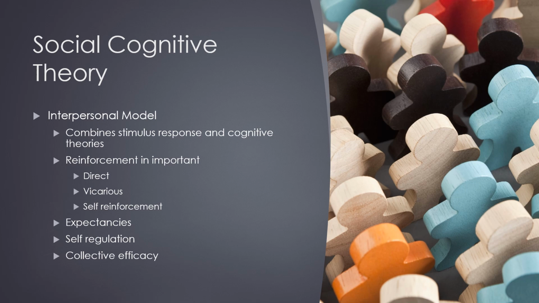The social cognitive theory is our first interpersonal level theory, and this is between families, friends, peers, fellow students, social groups, socialites. This is between social relationships. It combines the stimulus response theory and cognitive theories.